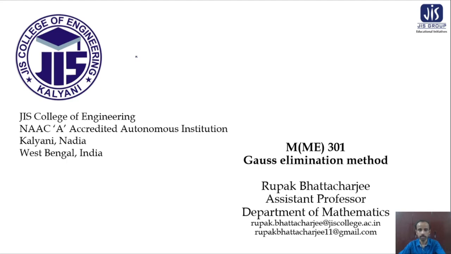Under direct methods, we are going to learn first the Gauss elimination method, which is the topic of discussion for today's class. So let us proceed and see what is our target, what is the method we are going to follow, and finally how we are reaching our destination according to this method.